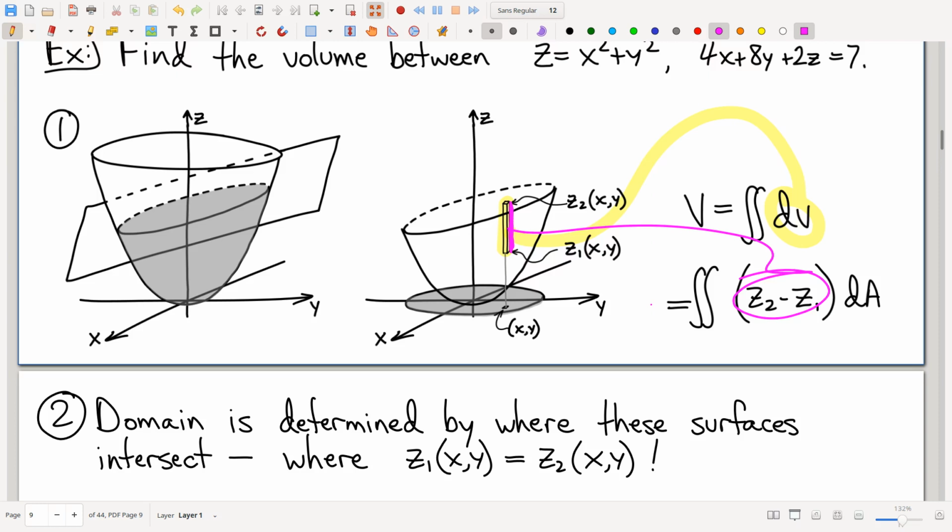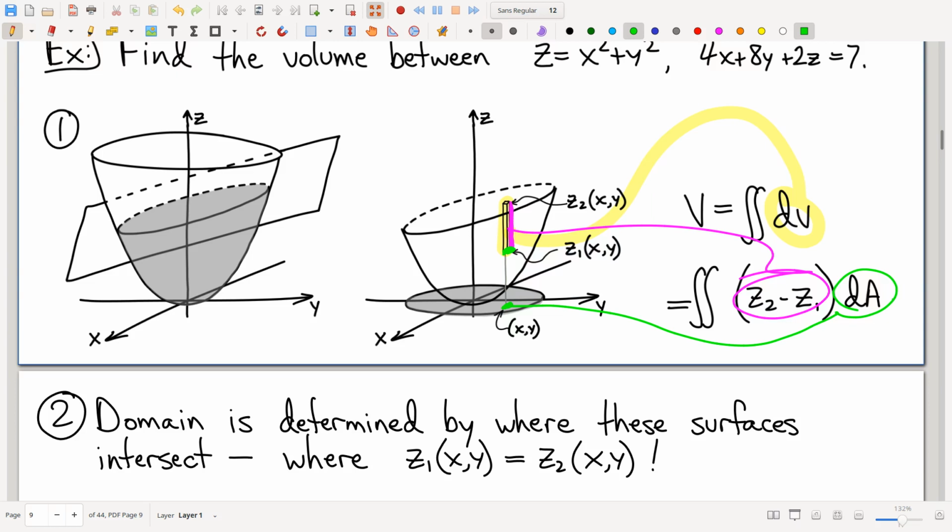And then the area of the base, you imagine there's a little rectangular base there, which of course is the same as a little piece of area down there. So the area of the base is just going to be our dA. Delta x, delta y, slicing, blah, blah. But when using double integral notation, it's just going to be dA in the end. So it's fine to just start with that. So that's the phase one part of the problem.